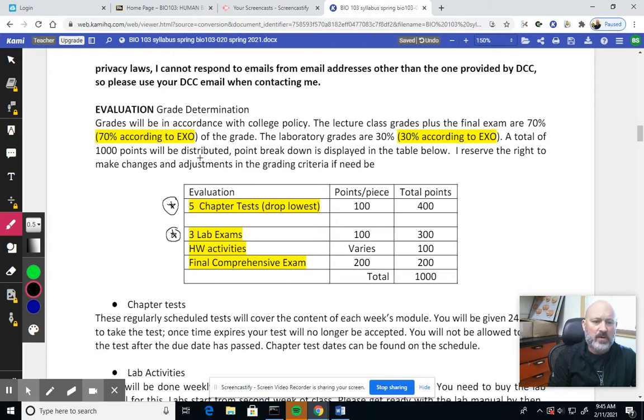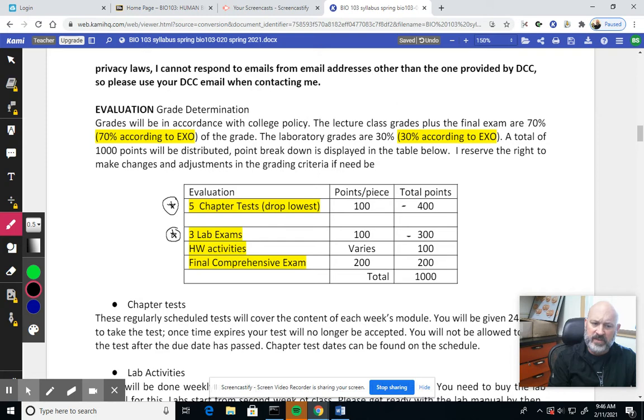So we have 5 chapter tests, but we drop the lowest one, so that's 400 points, 100 points each. 3 lab exams, so that's 700 points. I will give you a couple homeworks. Homeworks that are going to look different. One homework might be submitting pages from your lab manuals, and that might be worth a specific point value.